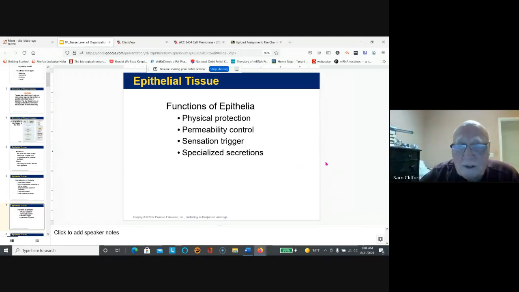So what does epithelium do? It protects, and controls what comes into your digestive system that gets through the epithelium. It can sense differences in pH and concentration of substances, and it can secrete mucus, secrete sweat.